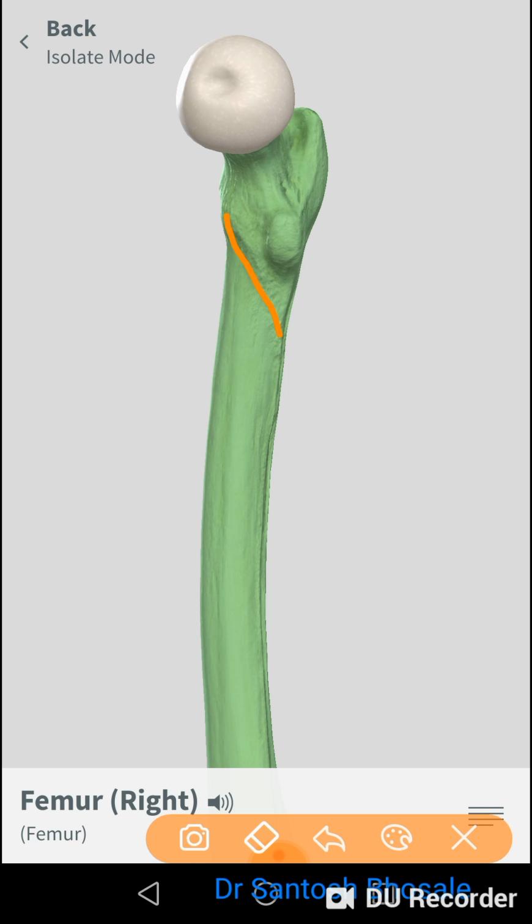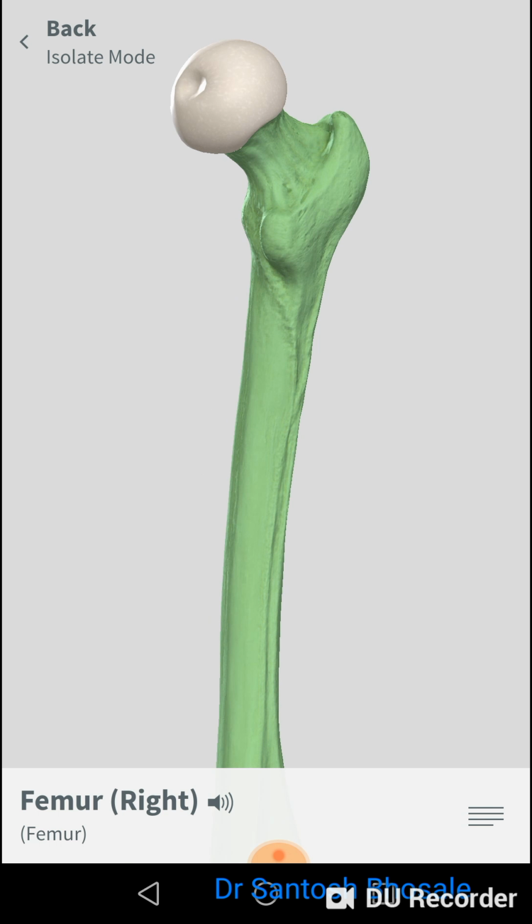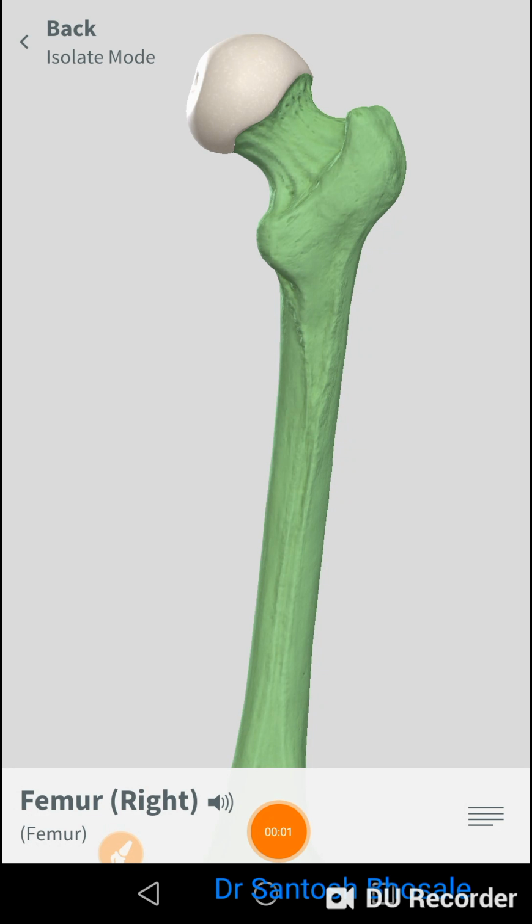Spiral line in front of the lesser trochanter. The spiral line winds around the shaft below the lesser trochanter to reach the posterior surface of the shaft. That you can see here is the spiral line, the continued part of the intertrochanteric line, whereas posteriorly the intertrochanteric crest marks the junction between the posterior surface of the neck with the shaft of the femur.